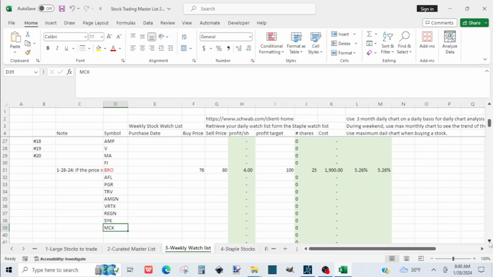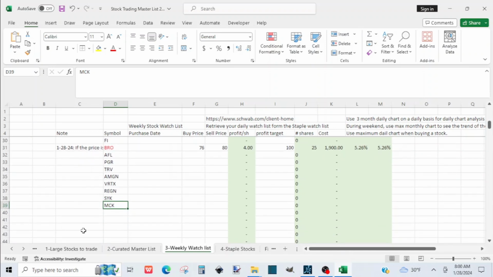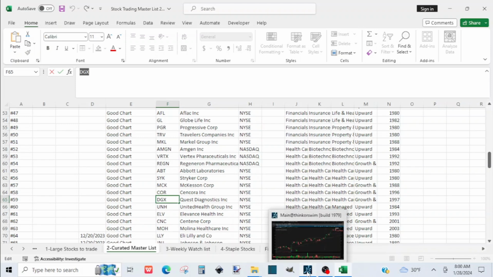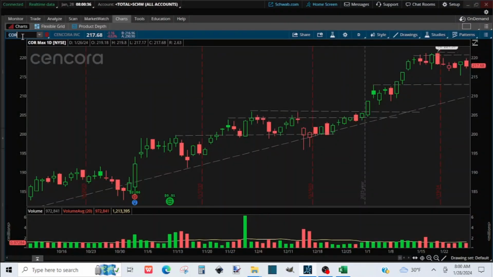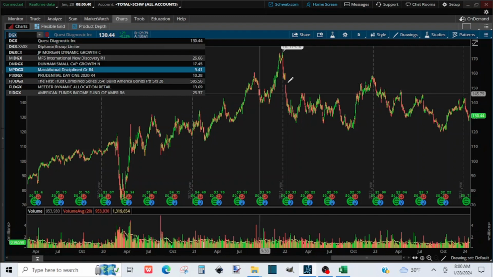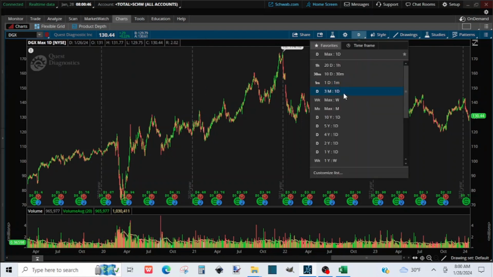So we are finding so many for our list that it's just going to make it challenging to go through that weekly list quickly every day. Okay, this one, since we don't have any line on it, we'll go to the monthly chart.